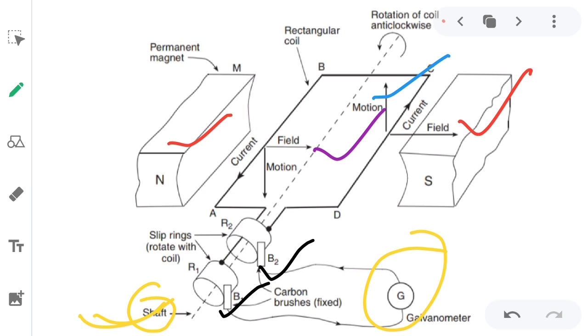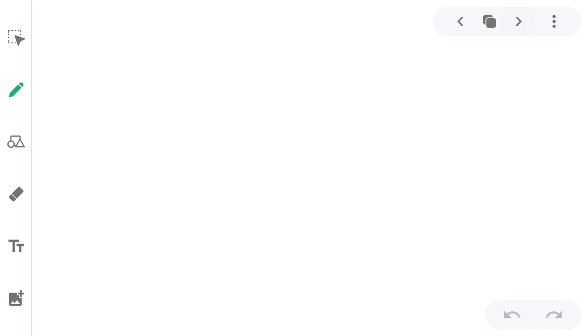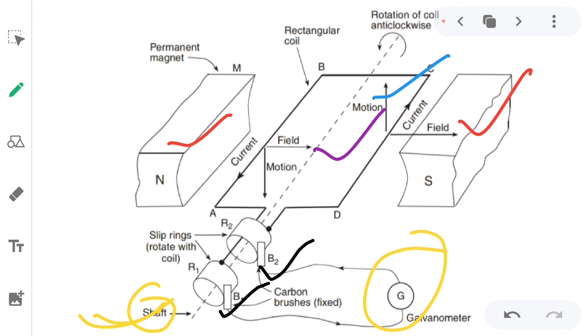Okay, so for your preparation, I want each one of you to just write the differences between these two, and then construct the picture. That diagram of both motor and generator is very important, because in exam it is a very obvious question.